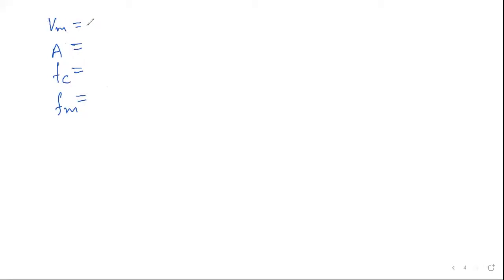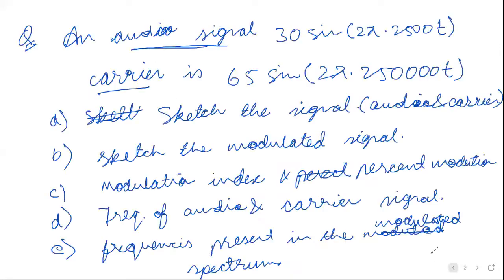What is the value of Vm? From the equation, you can easily find out 30. So Vm is nothing but 30.